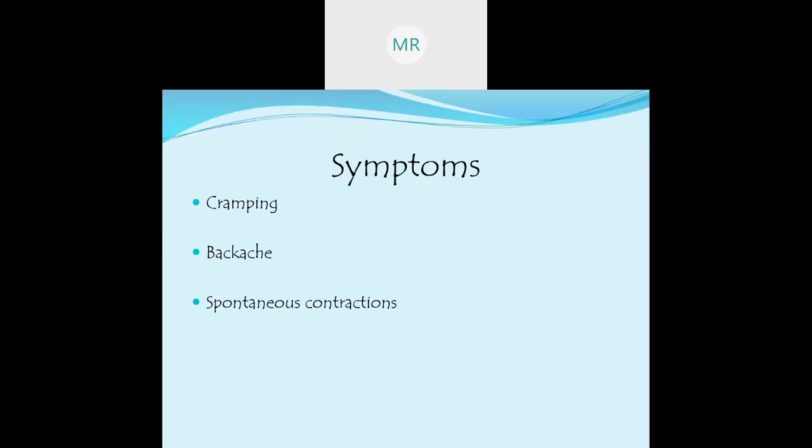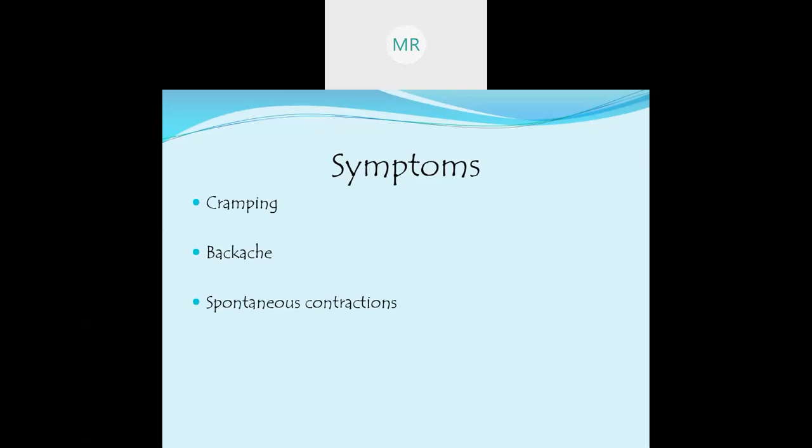So again, betamethasone or Celestone to mom for baby is used in preterm labor to enhance surfactant production and fetal lung maturity if this fetus is less than 35 weeks. As soon as mom comes in, we are giving her the betamethasone, the Celestone, and we're giving her tocolytics to stop her contractions.